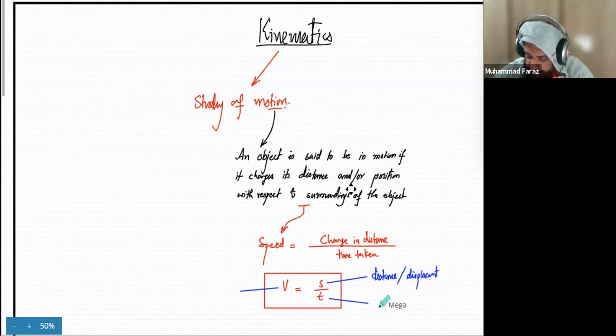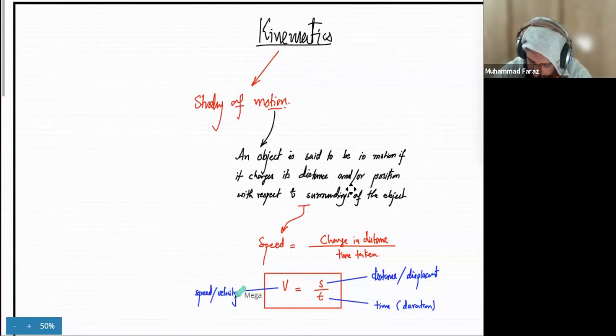T is time, or we can call it duration, or sometimes it is called time taken, same thing. V is speed or velocity.